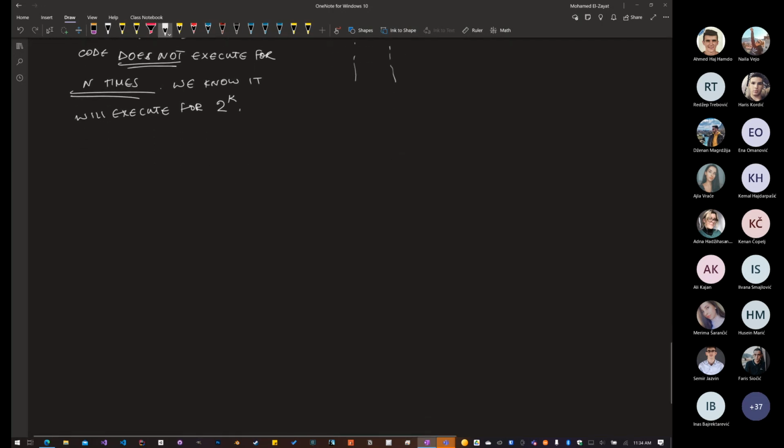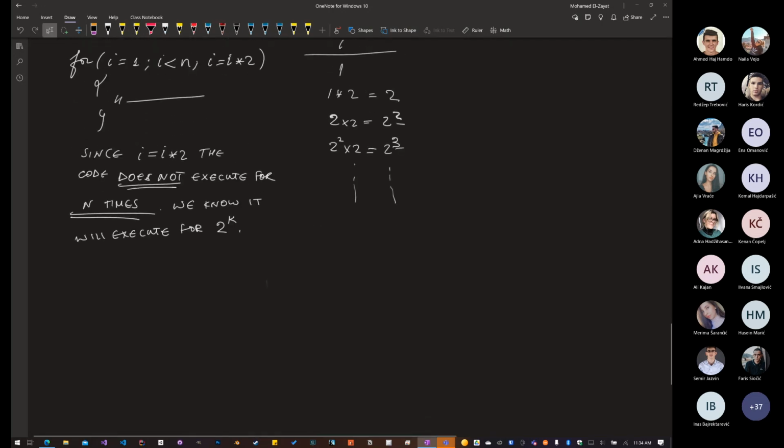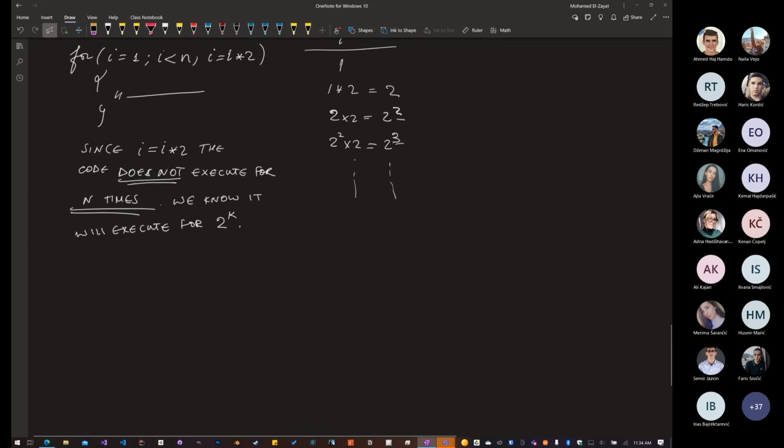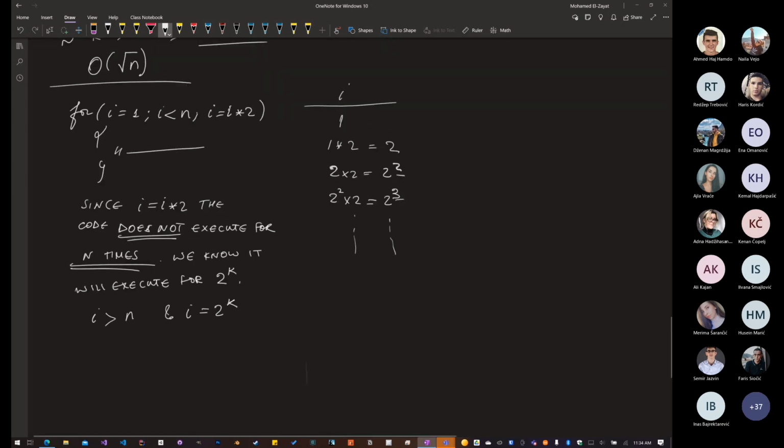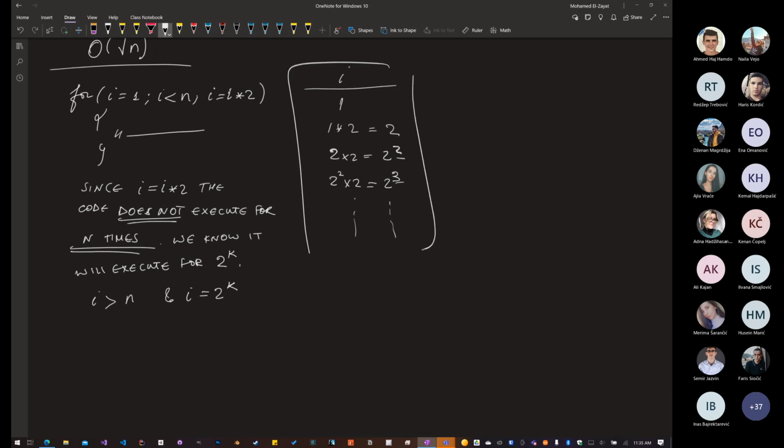So assuming the stopping condition, the code will stop executing the for loop when i is larger than or equal to n. So let's say it's larger than n, and i is equal to 2 to the power of k, right? This is how we got to it.